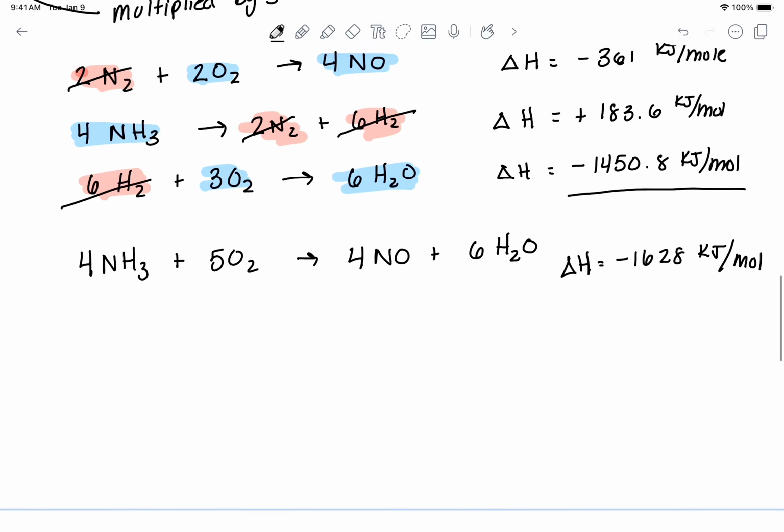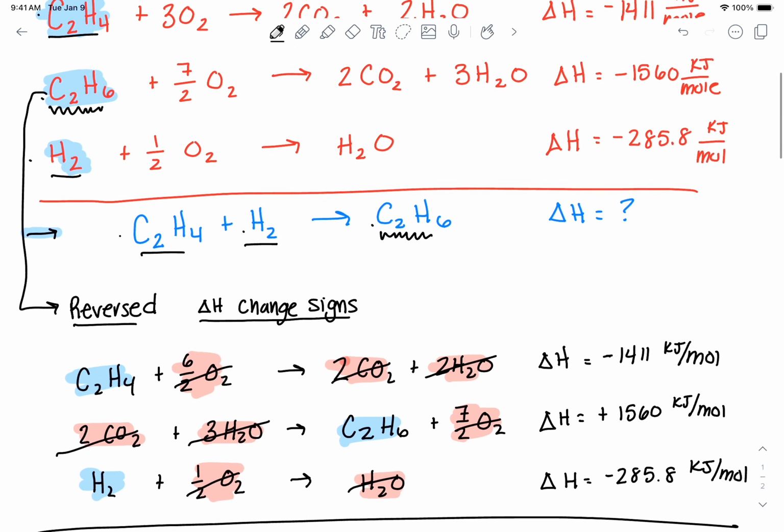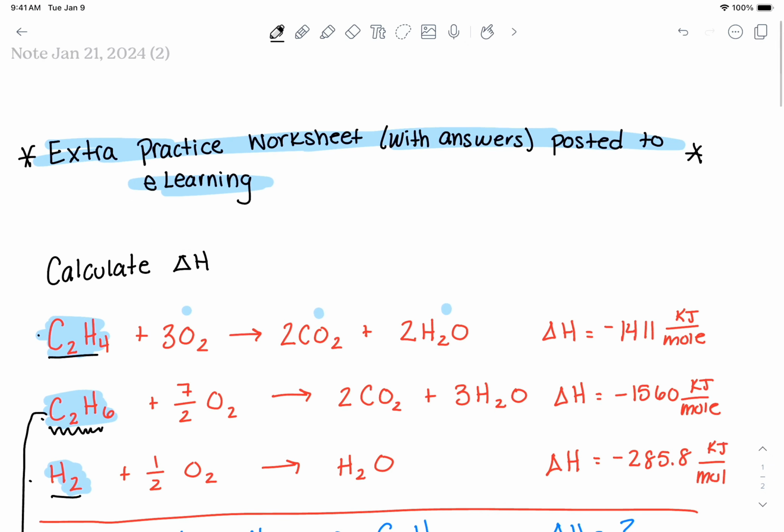Okay, so that's 2 of the examples from the worksheet that is posted on eLearning. I encourage you to go to the other 2 examples and look at them in the same way that we did here, where you first look at each equation, predict what you think needs to be done to each equation in order to achieve the final equation.